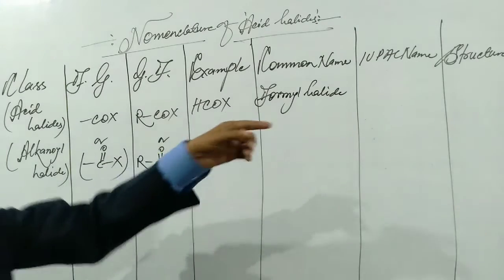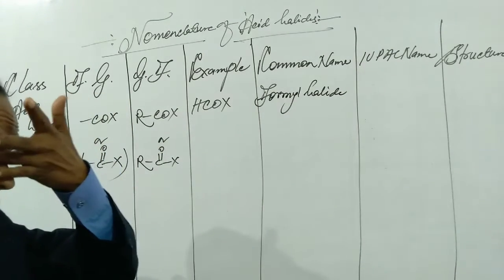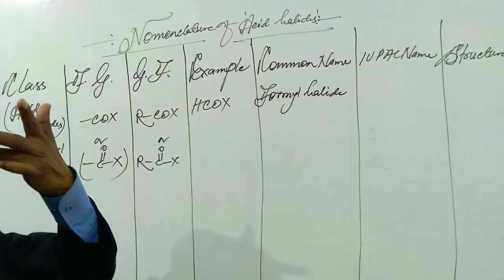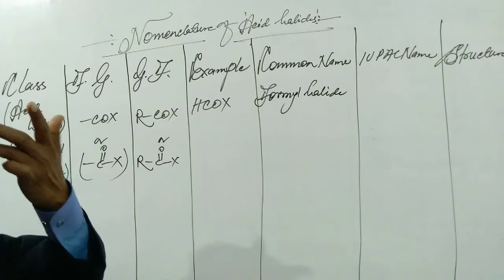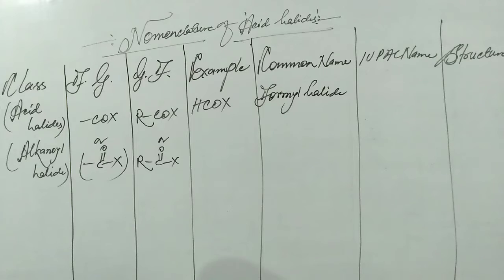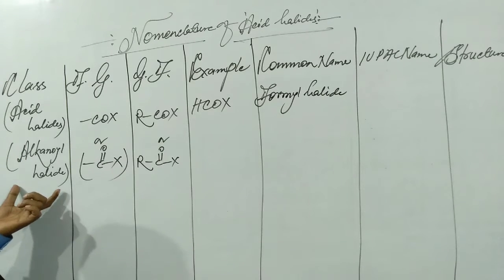In case of writing the IUPAC name of any compound, first we have to count the total number of carbon atoms. Since only one carbon atom is present and one carbon is for methane, the IUPAC name will be methanoyl halide.